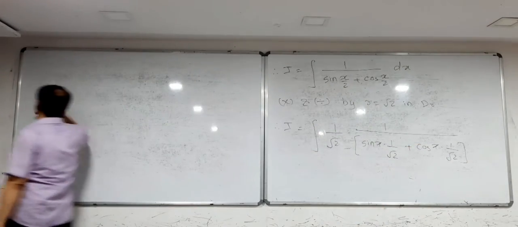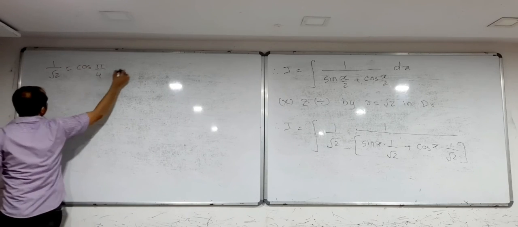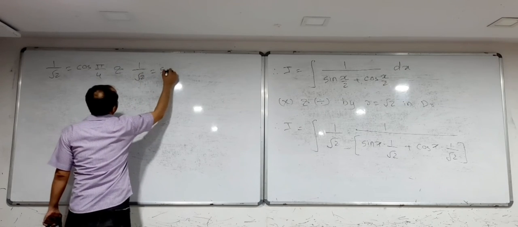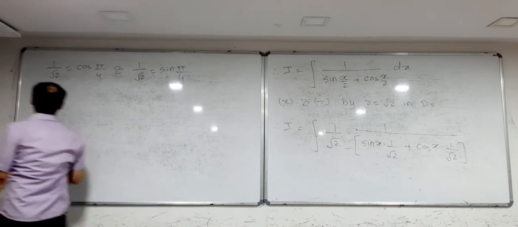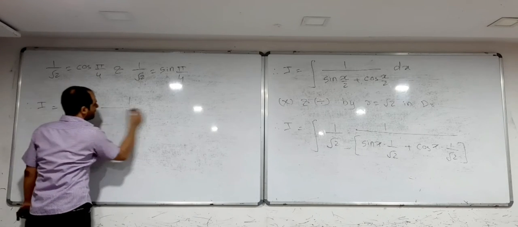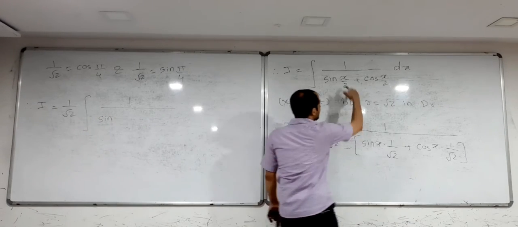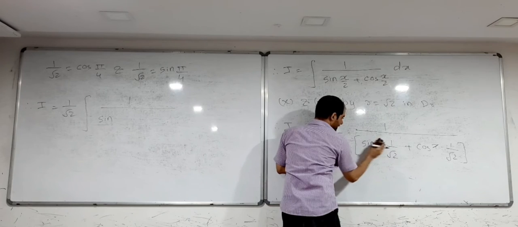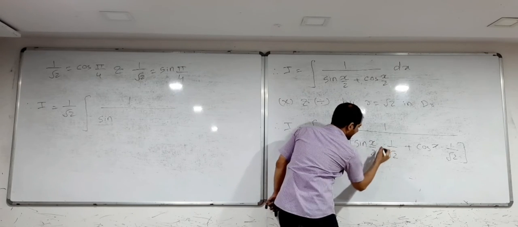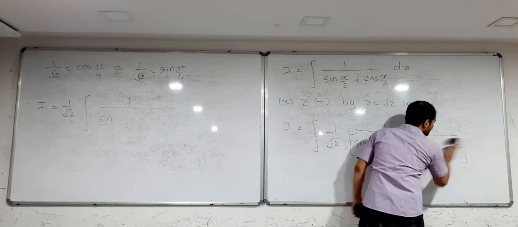So 1 by root 2 sin के साथ जो 1 by root 2 है उसको मैं लिखूंगा cos of 45 डिग्री which is cos of pi by 4 और cos के साथ जो 1 by root 2 है उसको मैं लिखूंगा sin of 45 डिग्री which is sin of pi by 4. Constant 1 by root 2 outside integration 1 upon sin of, see I made a mistake, x by 2 into 1 by root 2 plus cos of x by 2.